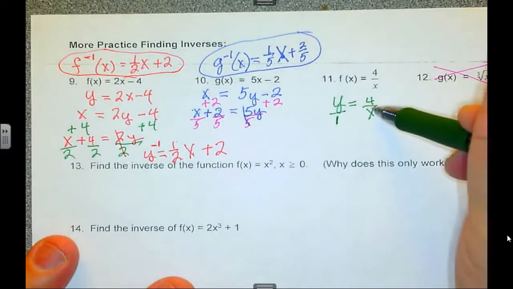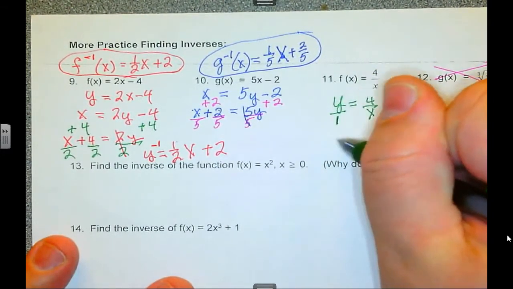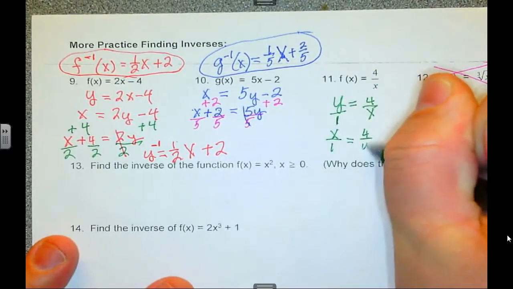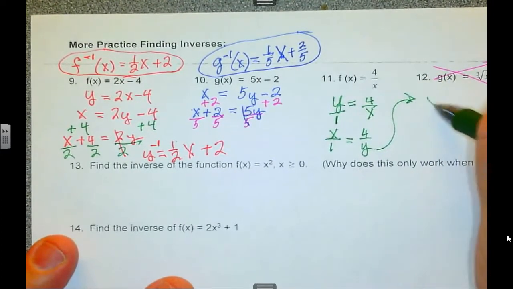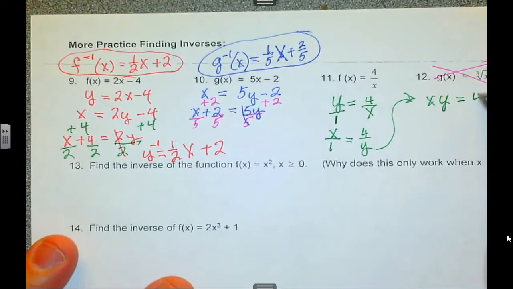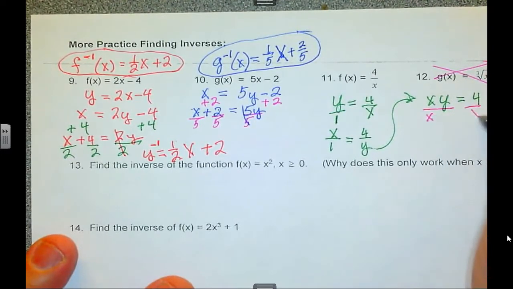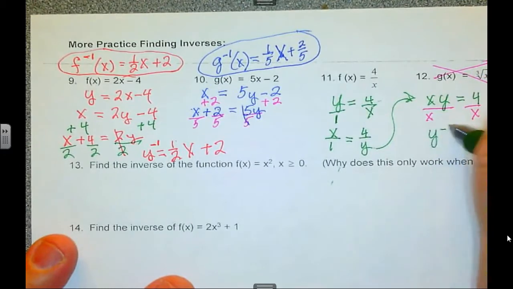So y times x, I'm sorry, I've got to switch them. Cross multiply. I have xy equals 4. Then I'm going to divide by x to get y alone. So the inverse y equals 4 over x.